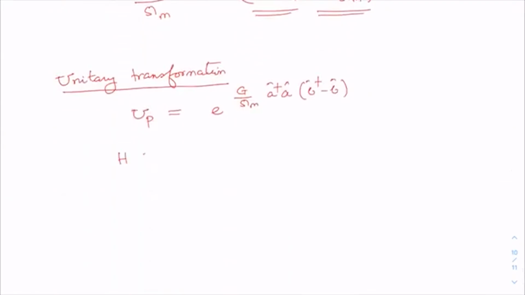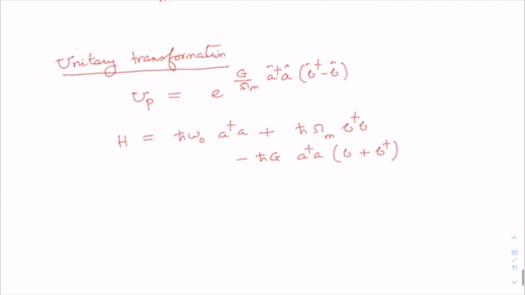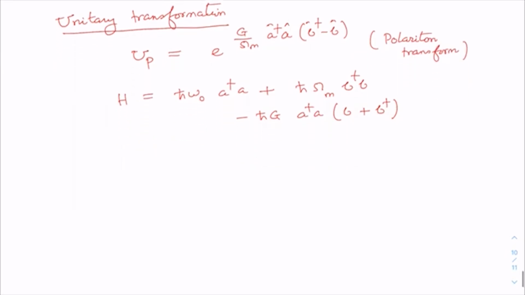We have H equal to ħω₀ a†a plus ħΩ_m b†b minus ħ z a†a (b plus b†). If we apply this polariton transform, we'll get a transformed Hamiltonian.